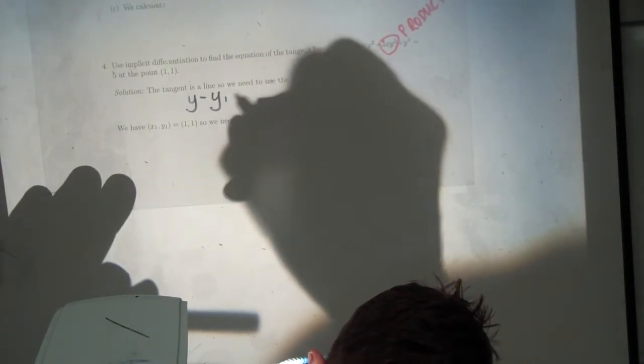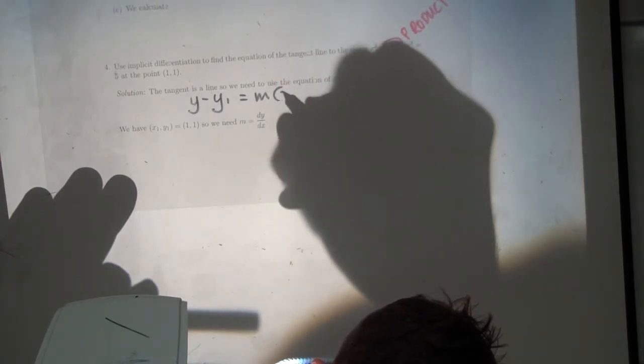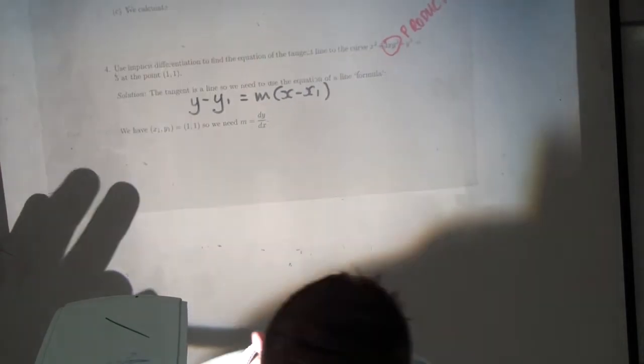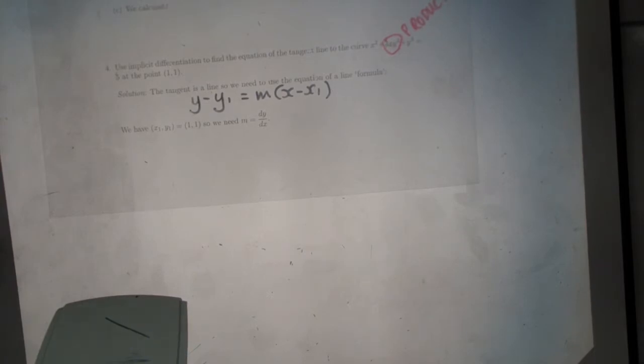Okay, so this is the curve we're looking at, and we want to get the equation of the tangent line at that point. So as soon as I see line, I'm writing down y minus y1 equals m times x minus x1. So we have the point, we need to get the slope, and all day long the slope of a tangent is dy/dx.